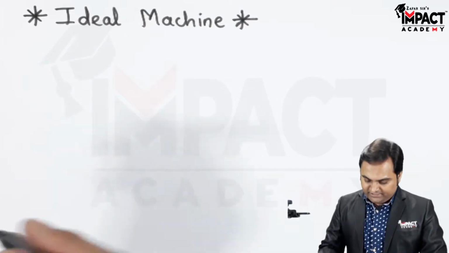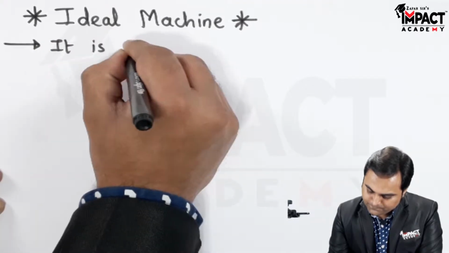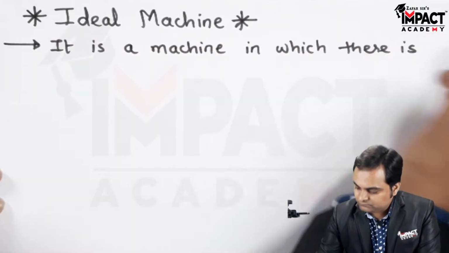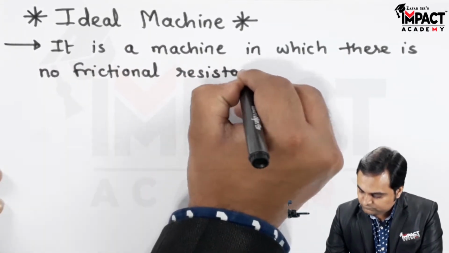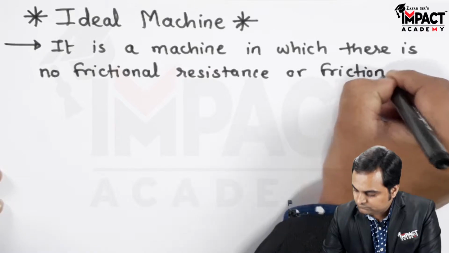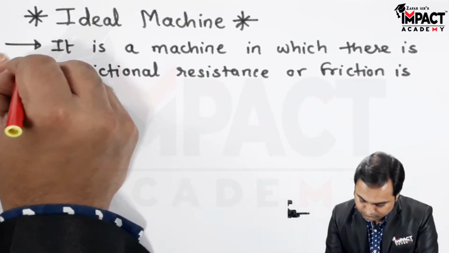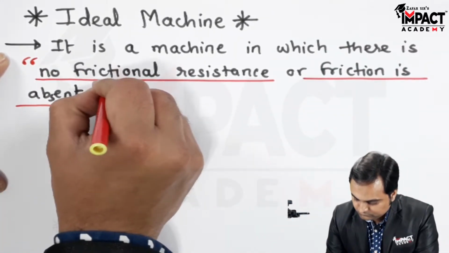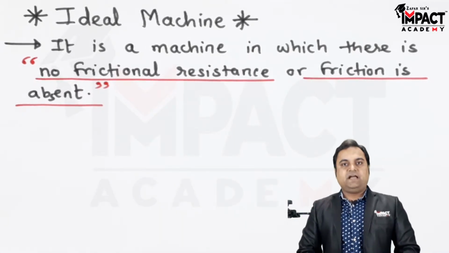So I'll write down, an ideal machine is a machine in which there is no frictional resistance or friction is absent.